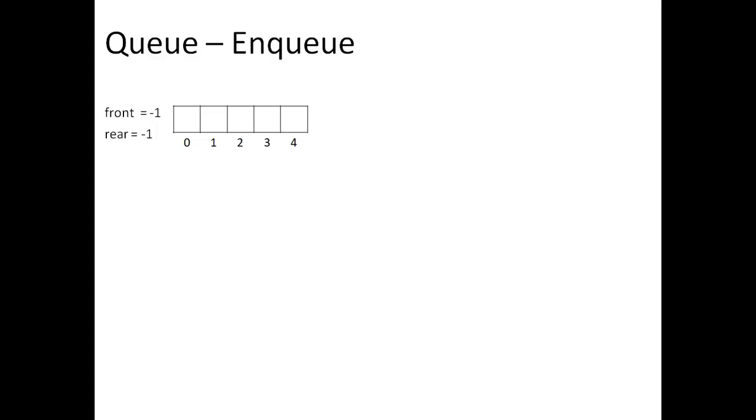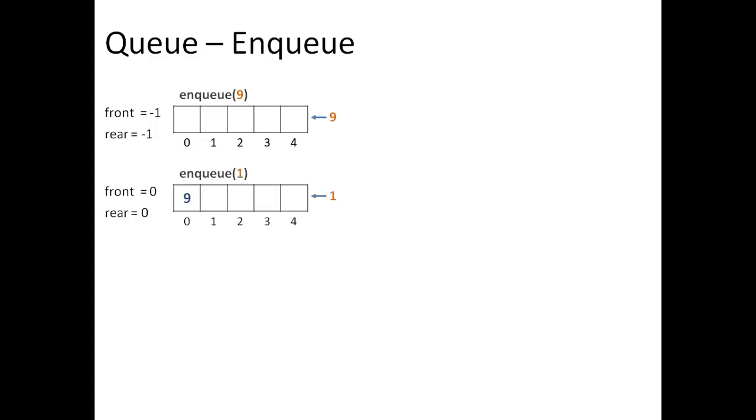So at the start, front as well as the rear pointer are both initialized to -1. Here we are enqueuing. That means we are inserting. So only rear will be incremented by 1.